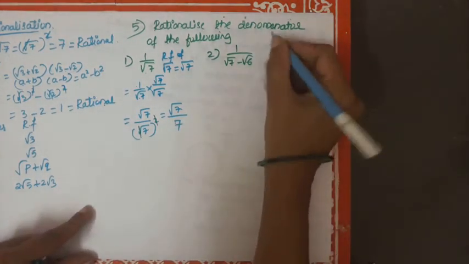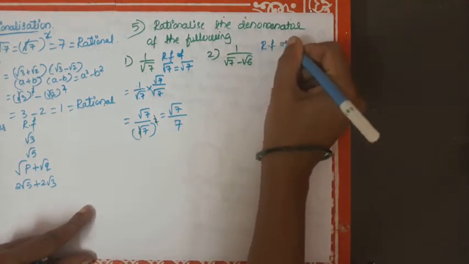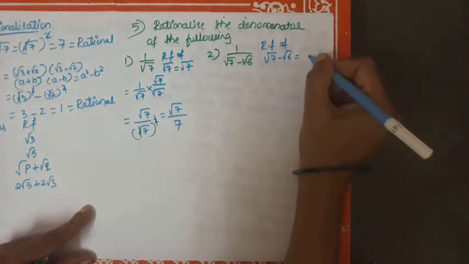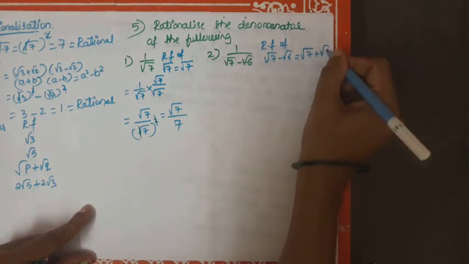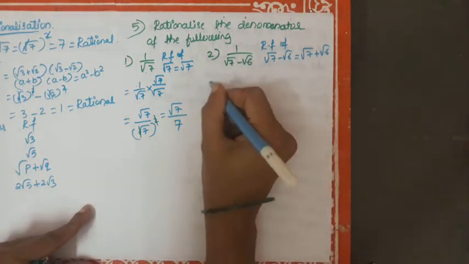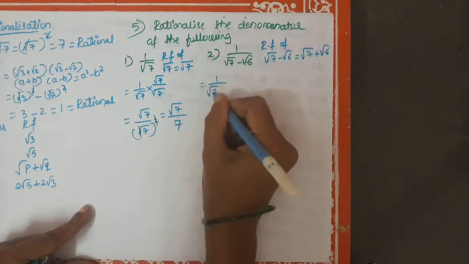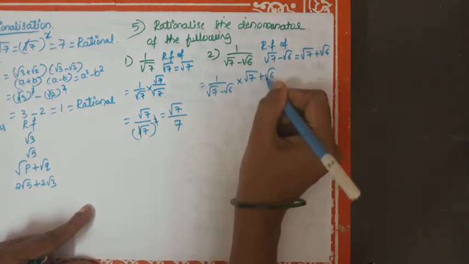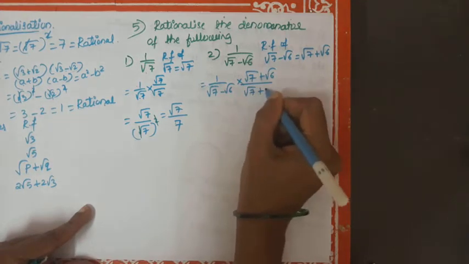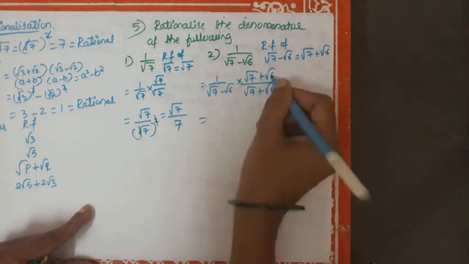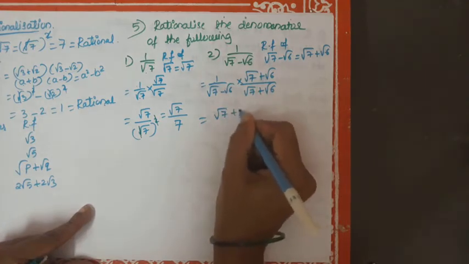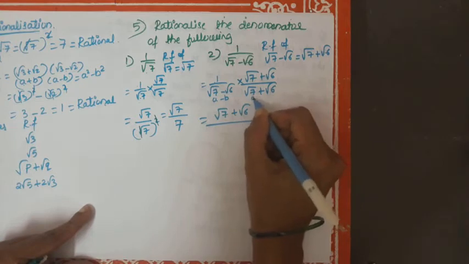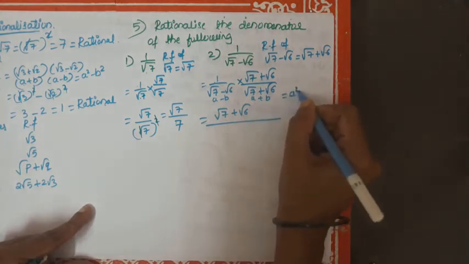So next, in this case, the RF of root 7 minus root 6, for a binomial, is root 7 plus root 6. So multiply and divide 1 by root 7 minus root 6 into root 7 plus root 6. Here 1 into the same, root 7 plus root 6. Here this is (a minus b)(a plus b), we know the formula a square minus b square.